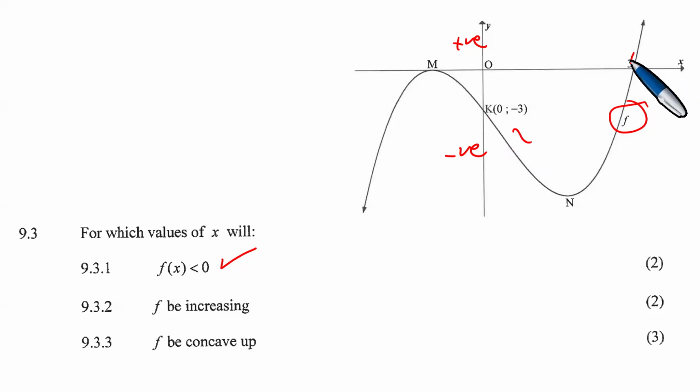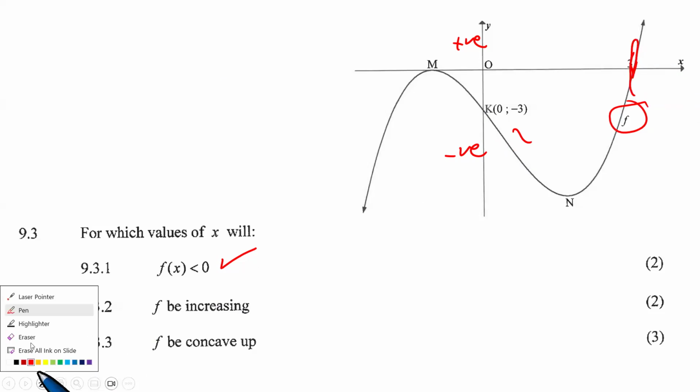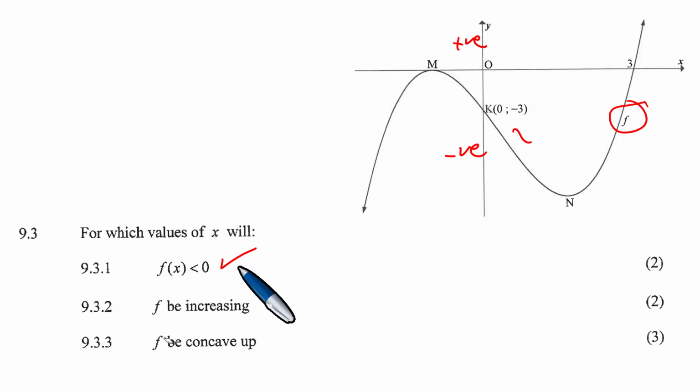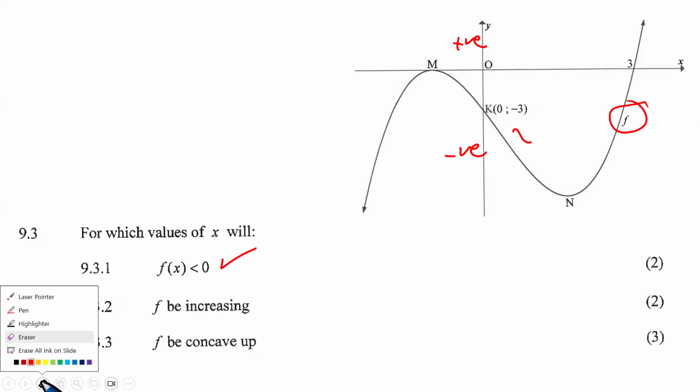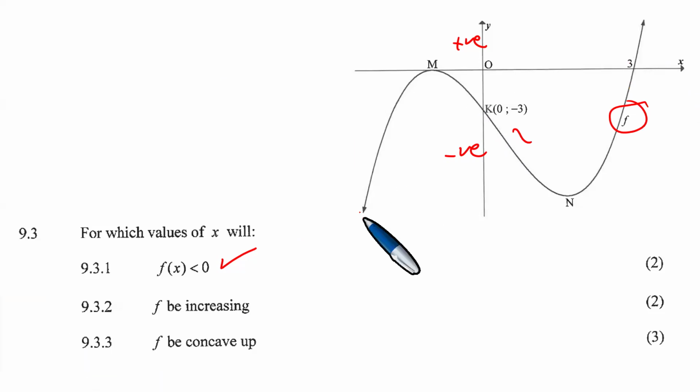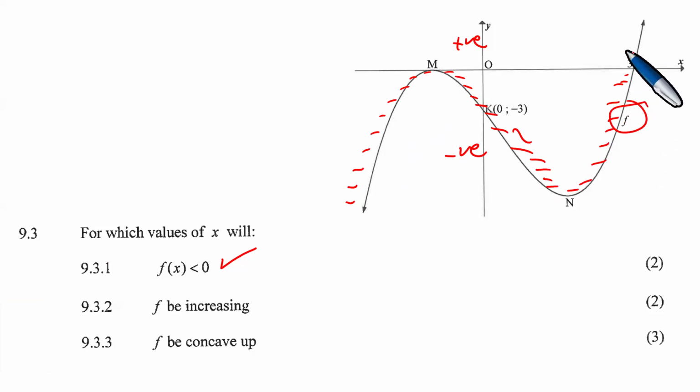It is below the x-axis from the root 3, because here you can see it is negative, negative, negative. For the first time, it is positive; it is above. So for what values of x is it negative?